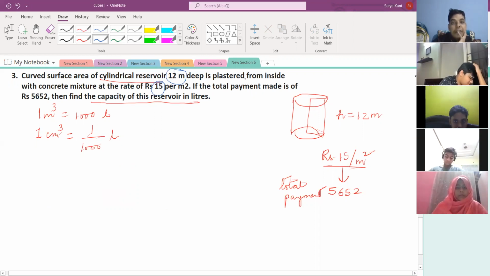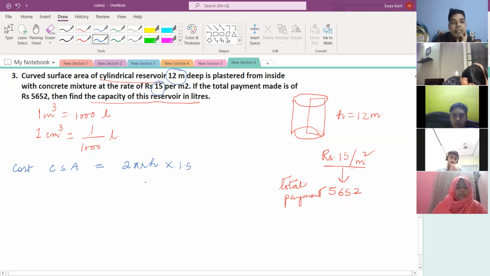So plastered from inside means CSA. What you are finding is the cost of CSA. Write here cost. Means CSA into what you should do? CSA is 2 pi RH, into 15.